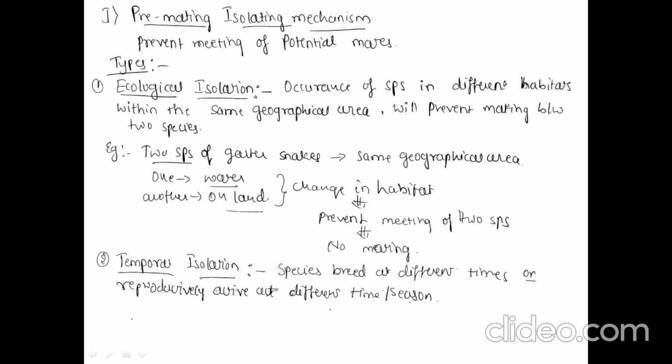Due to the change in breeding time, there is no mating. If the two species are reproductively active at different times or seasons, they fail to mate with each other. Now we'll see the example.